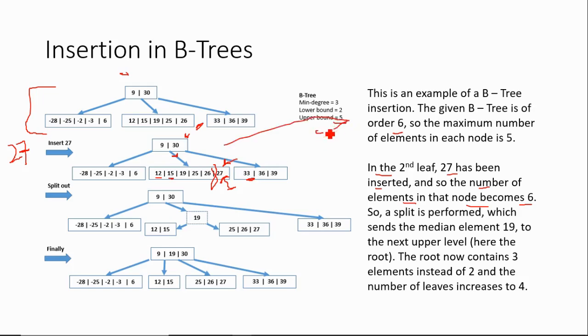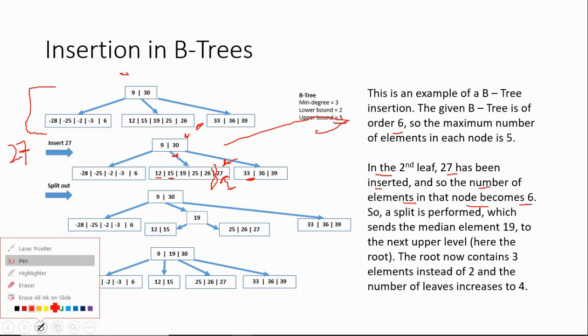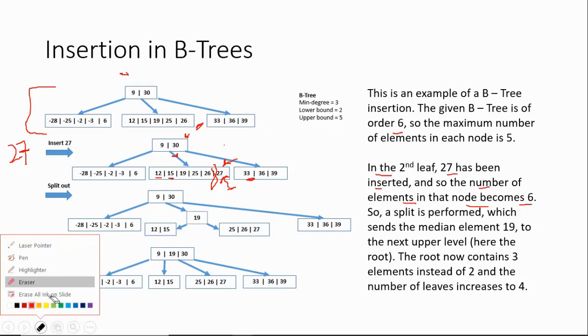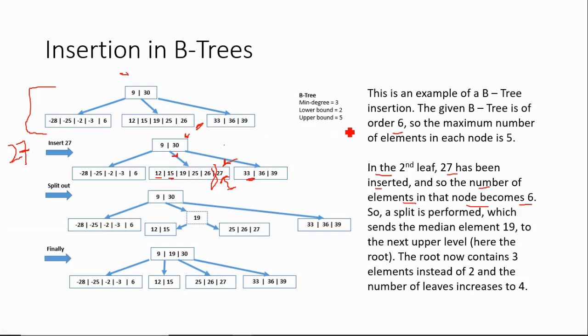Sorry, I have to erase this particular node. So let's continue. The maximum number of elements that can be stored is 5, but it is now containing 6, so an overflow occurs. So we have to perform a split.